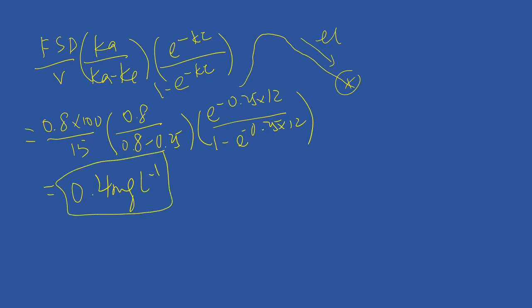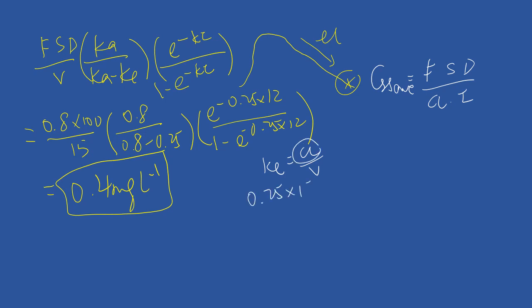The next question is about the average steady state concentration. The CSS average will be FSD divided by CL tau. Before that, I need to calculate the clearance. So again, K equal to clearance divided by volume. So the clearance will be 0.25 multiplied by 15.